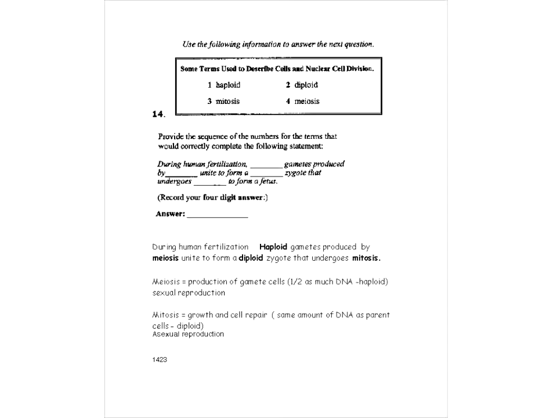This next question deals with haploid and diploid and mitosis and meiosis. I know this might be a little tricky to read here. It says, during human fertilization, blank gametes. What kind of gametes would it be? Would it likely be haploid gametes or diploid gametes? And they're going to be produced by which process?